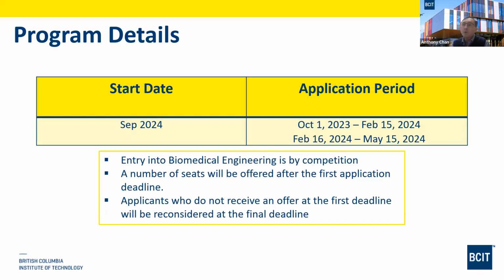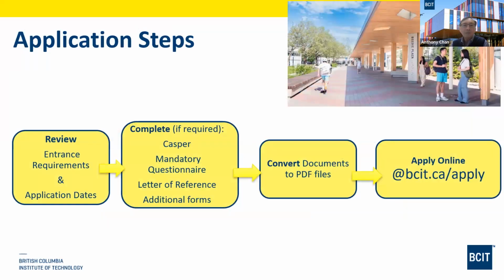At that time, whoever is not accepted but qualified at the end of the first deadline, the application will be rolled over to the remaining applications. So May 15 we will review all the applications, and then we'll offer all the remaining seats in our program for September 2024.